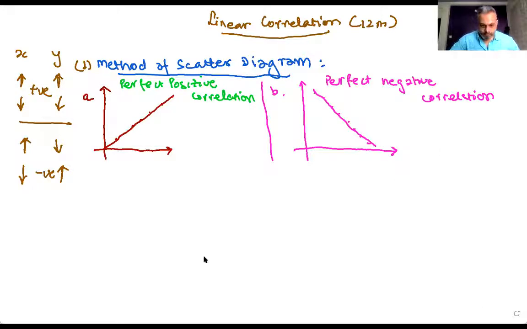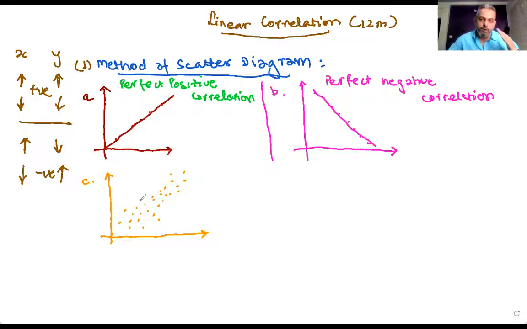Now, see, if we plot the values on x-axis and y-axis and we get plots like this, where we are not able to form a straight line.